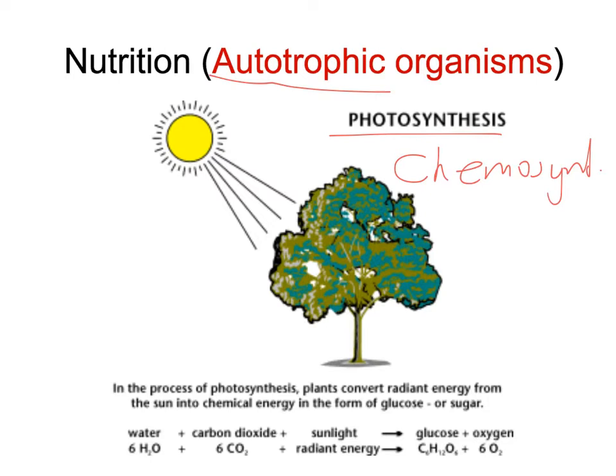Photosynthesis or chemosynthesis is the way to produce food, the organic molecules, from the inorganic substances, such as water is inorganic, carbon dioxide is inorganic, but at the end of the photosynthesis, the glucose, the simple sugar, is organic molecule.